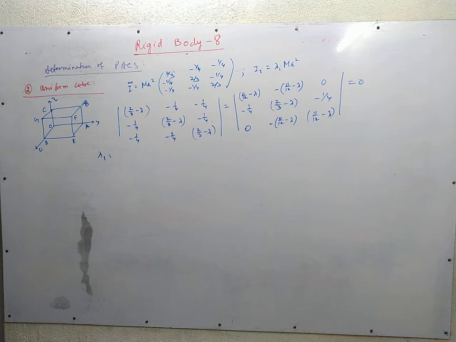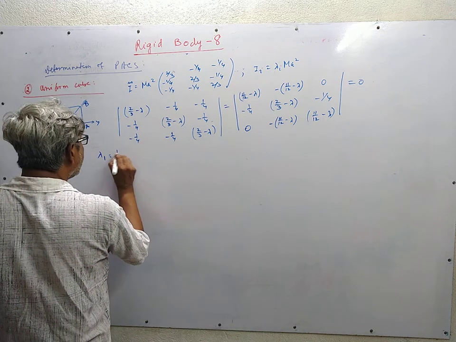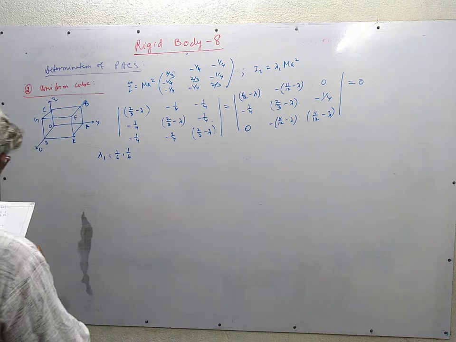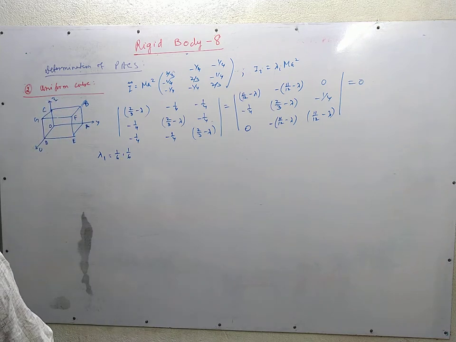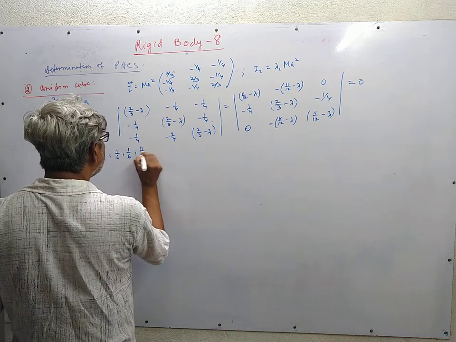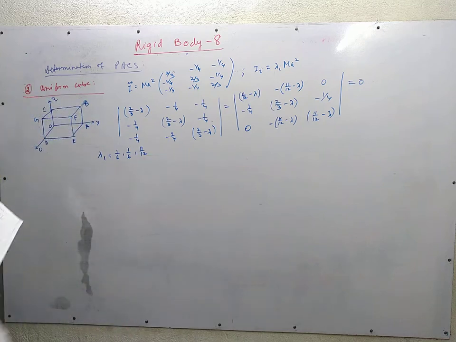The values that we get: there are two repeated roots, 1/6, 1/6, and the other one is 11 by 12. So these are the three roots.